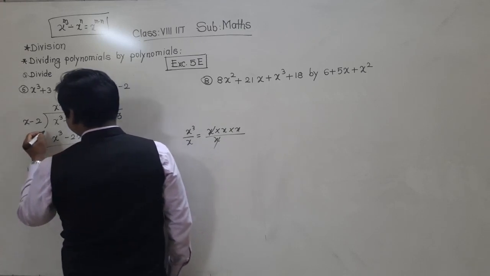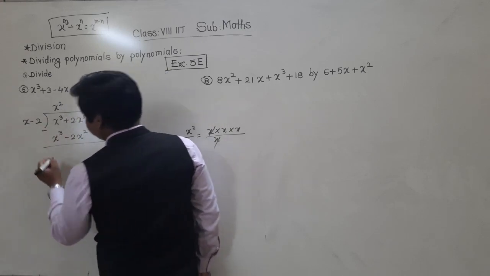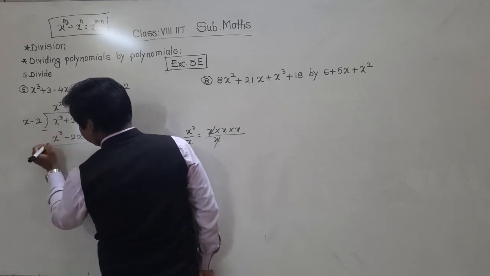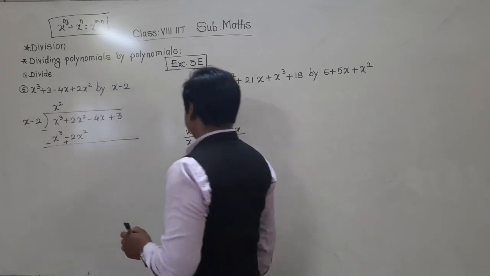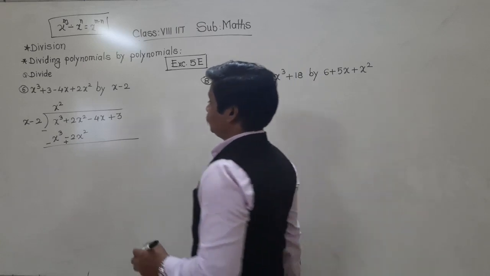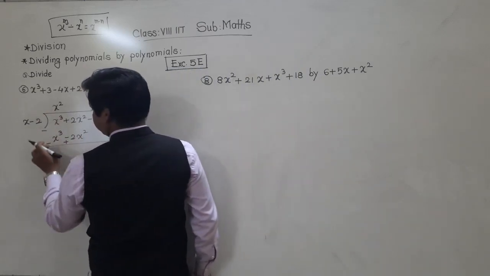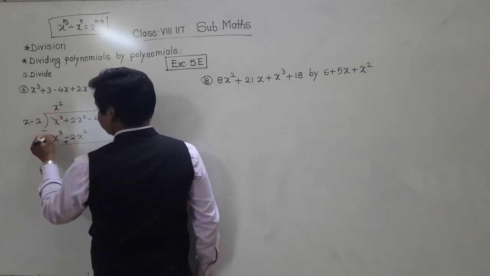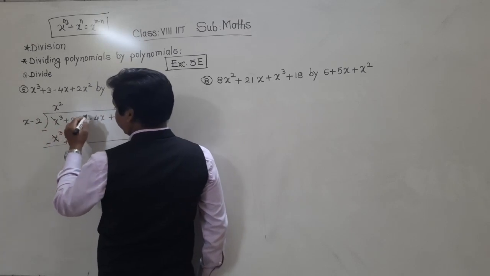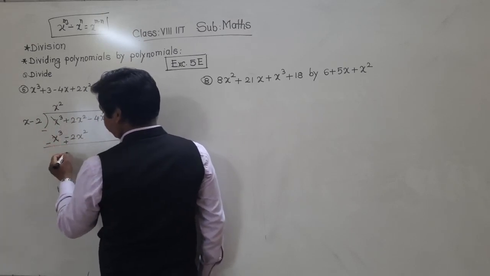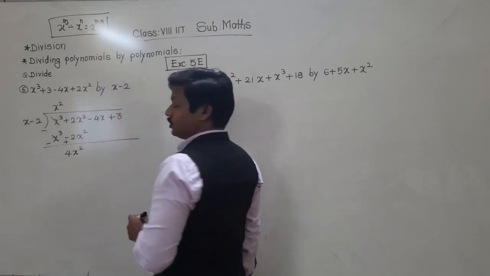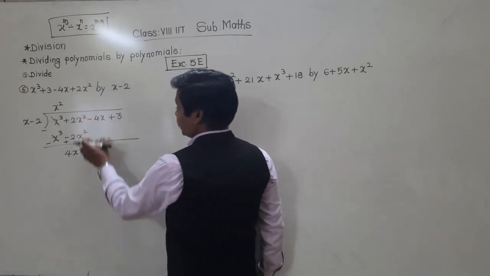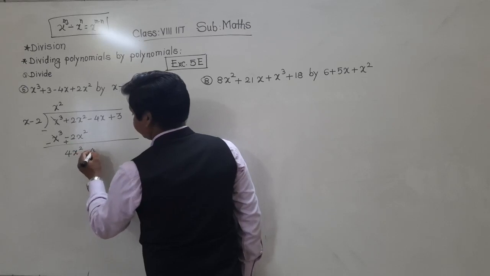Okay, and this, subtract. Due to the subtraction sign, the signs of these two terms will be changed. This will become minus, this will become plus. Okay, so now x cube minus x cube gets cut, 2x square plus 2x square becomes 4x square. Understood? Then now minus 4x, take down.